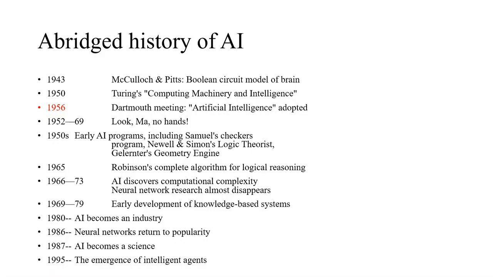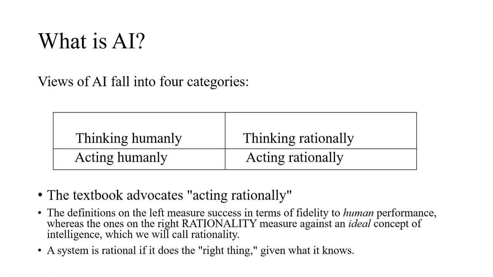But in the 1980s, AI made a boom. In 1986, neural networks returned to popularity. In 1987, AI became a science. And in 1995, the emergence of intelligent agents came. And nowadays, we can see AI is becoming highly advanced day by day and it is becoming a day-to-day part of human life.